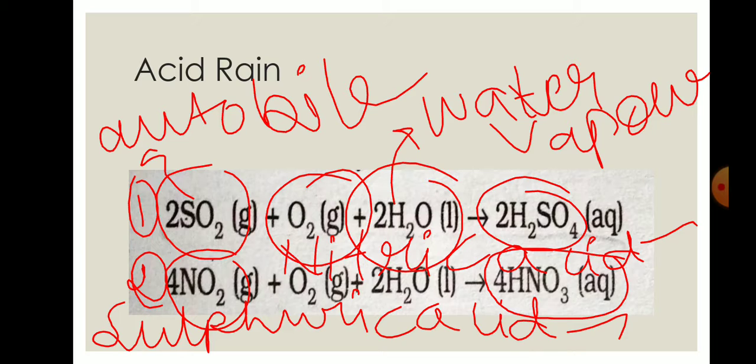So never be confused: this sulfuric acid is made from sulfur dioxide plus oxygen plus water, and the nitric acid is made from the oxide of nitrogen, oxygen and water. So for these two oxides, or these two gases, the source is the same. Okay, the source is the industries which release their smoke directly into the atmosphere, or automobile gases.